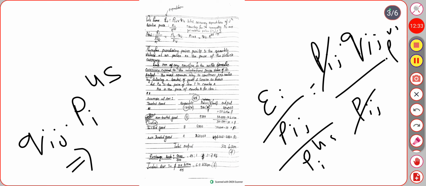So for $1 we need to pay 45 rupees. $1 equals 45 rupees.